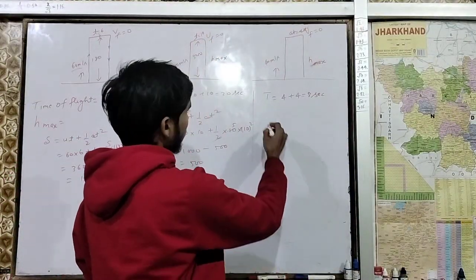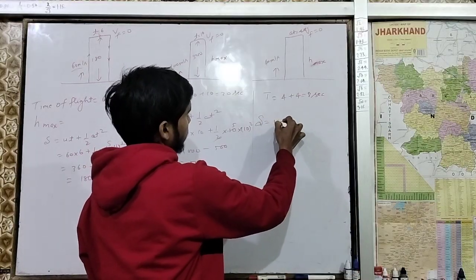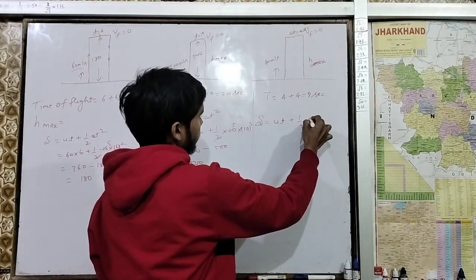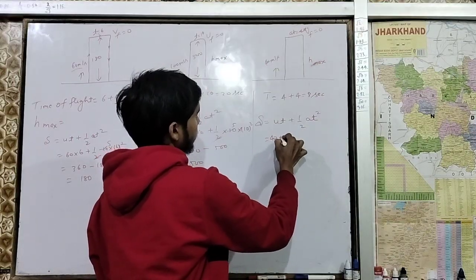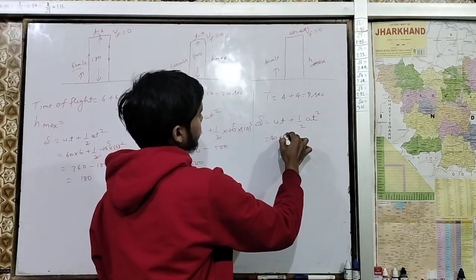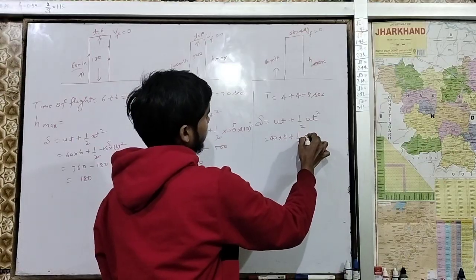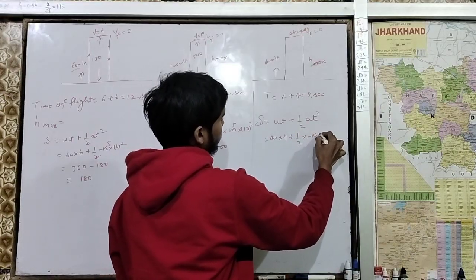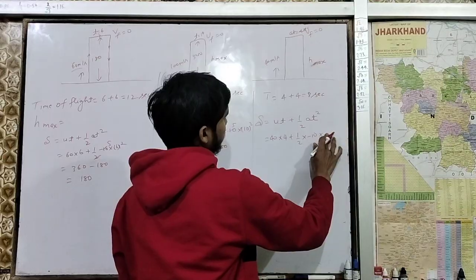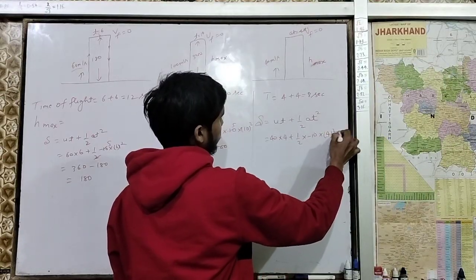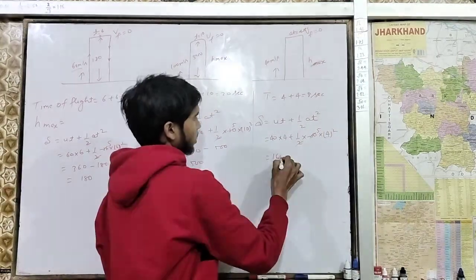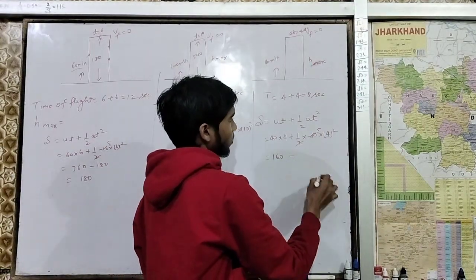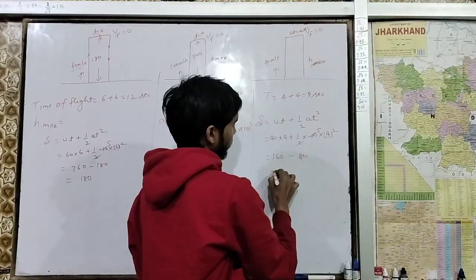Now for this, ut plus half at square. U is 40, t is 4, half, a is minus 10, t is 4 raised to power 2. 4 4s are 16, minus 5 times 16 is 80.